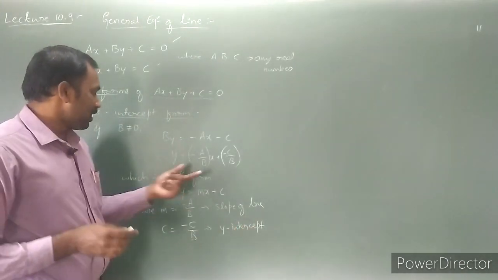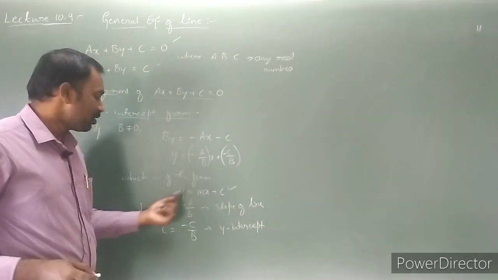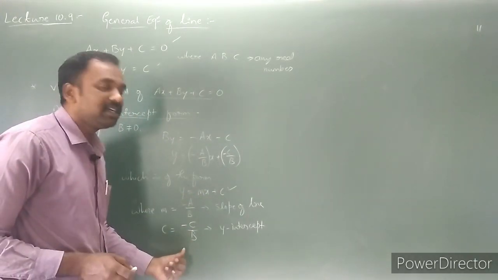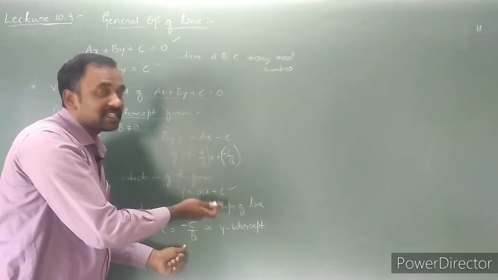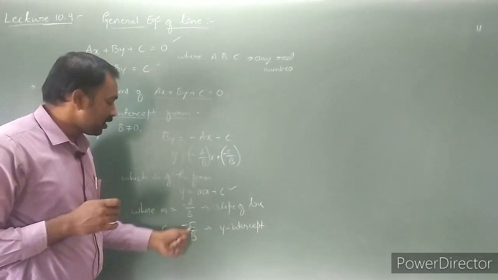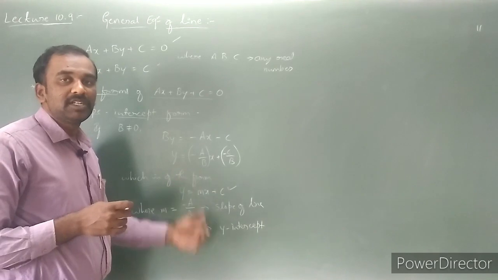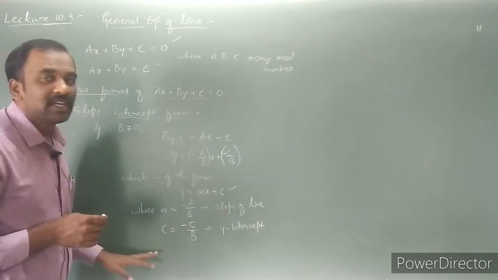In this form, m is the slope of the line and c is the y-intercept. If c is positive, it intercepts the y-axis above the origin. If c is negative, it intercepts the y-axis below the origin.